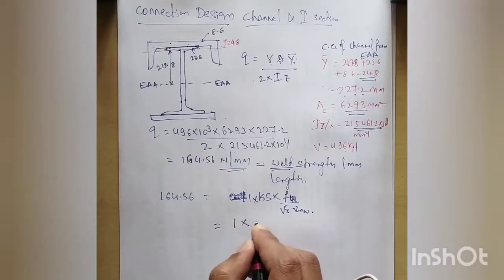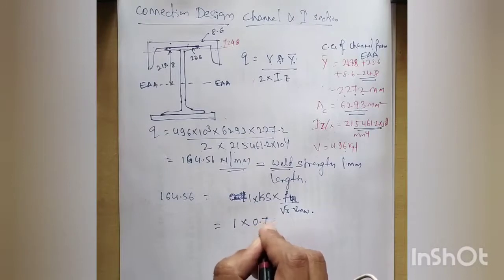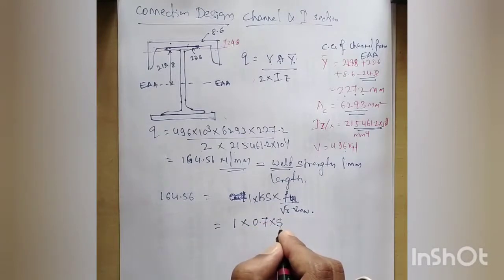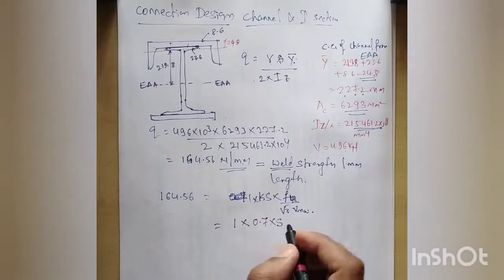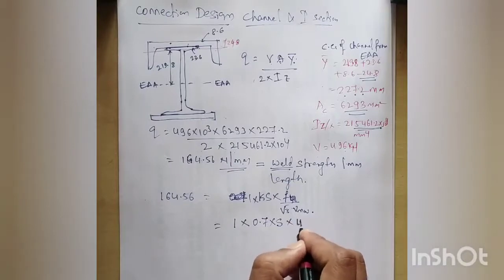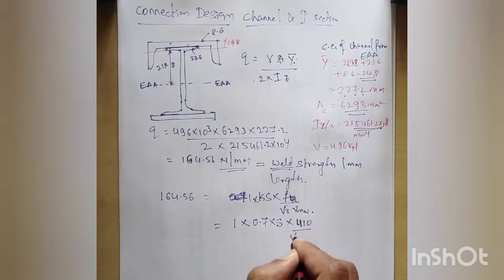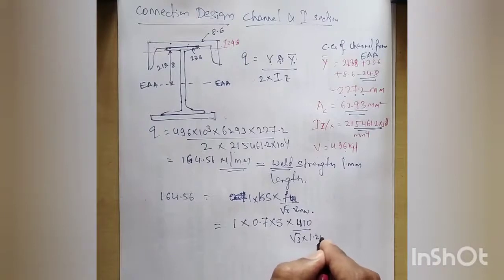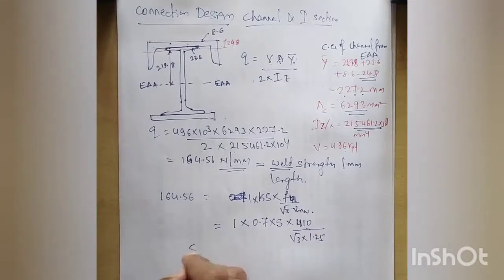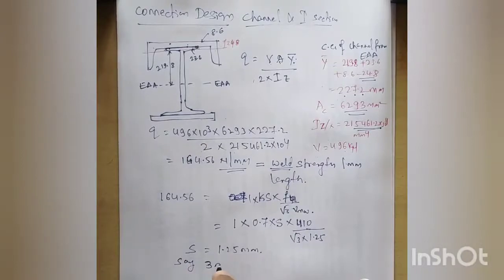Ks is the effective throat thickness, that is 0.7 into S. Grade of weld is say Fe 410 divided by root 3, and say for shop weld gamma mw is 1.25. When you solve, you will get 1.25 mm. Now say roughly we will be providing a weld size of say 3 mm.